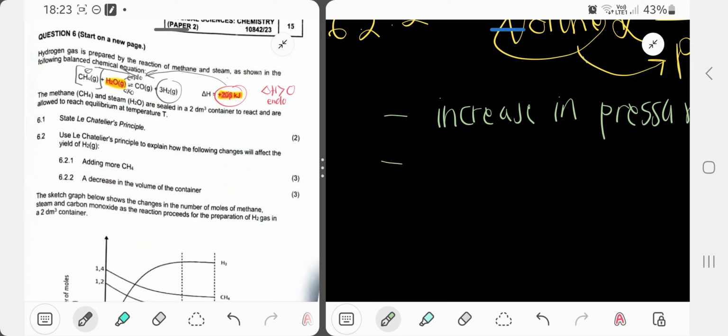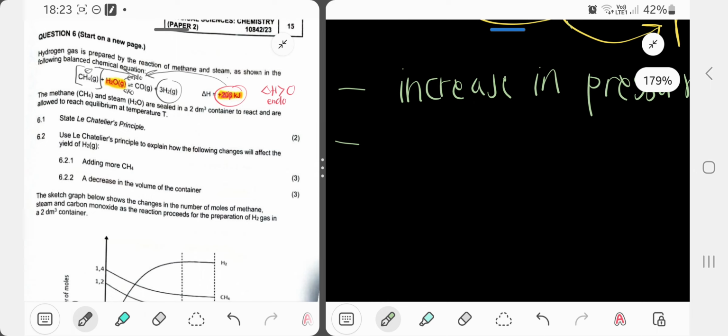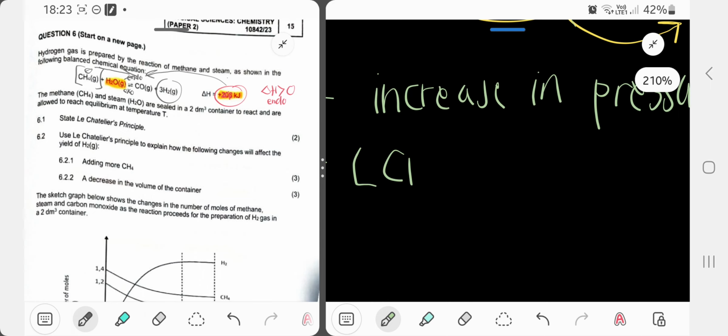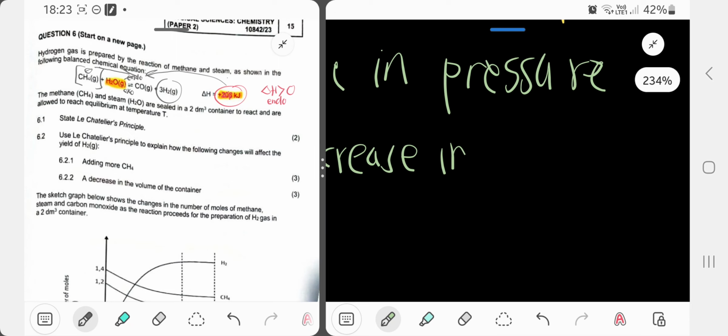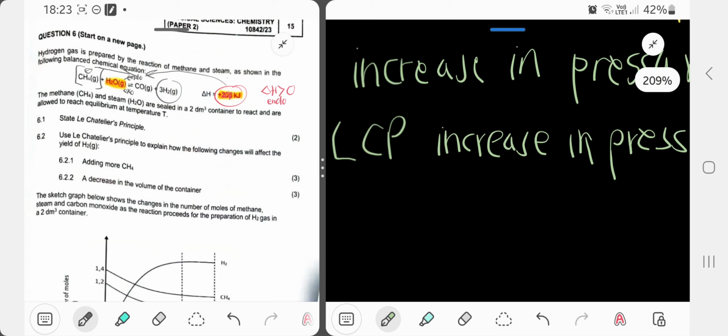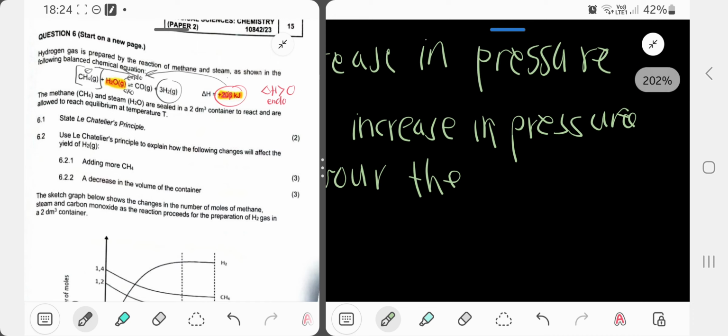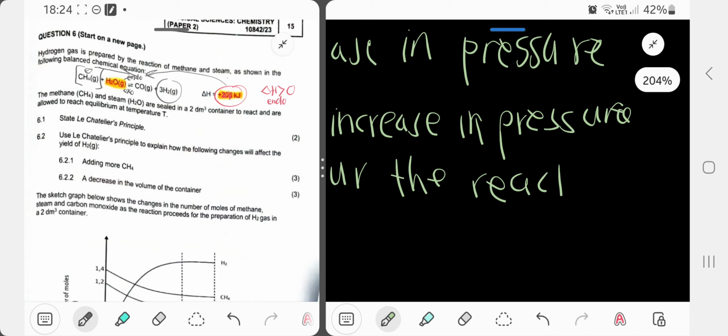Because that's its mission. So let's understand something. According to Le Chatelier's principle, an increase in pressure will favor the reaction with a fewer number of moles.